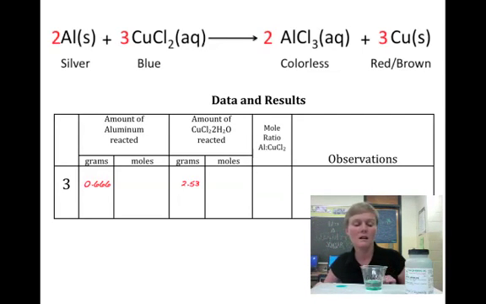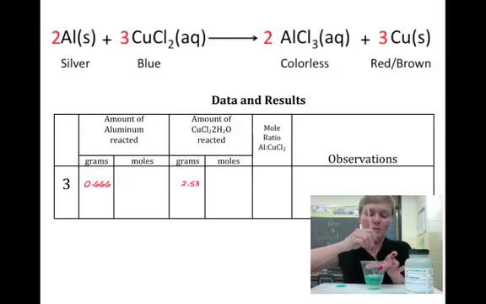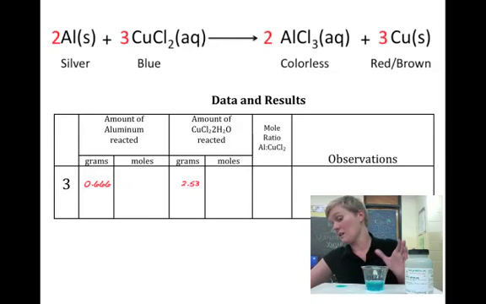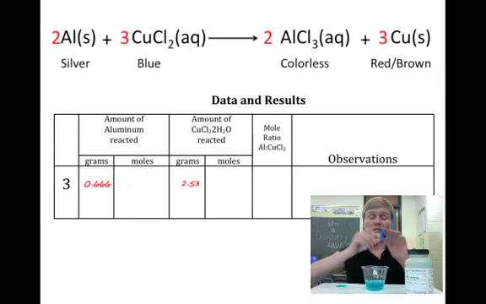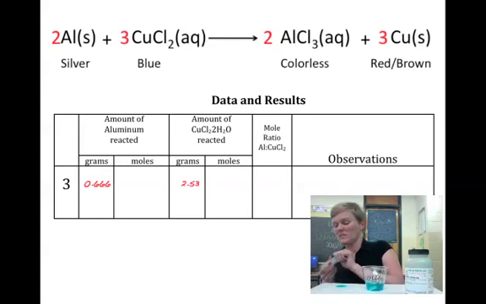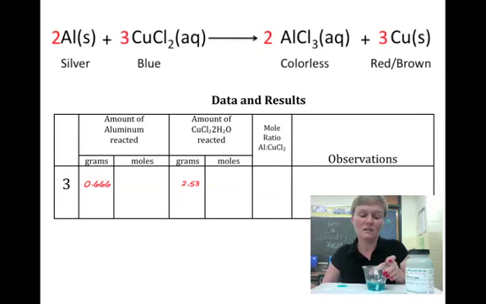So I'll get my stir bar, stir it up, get my nice blue solution of copper chloride ready. Now I'm going to dump in a very large amount of aluminum, 0.666 grams, and see what happens. You might already be predicting what's going to happen. So I'm going to stir here.